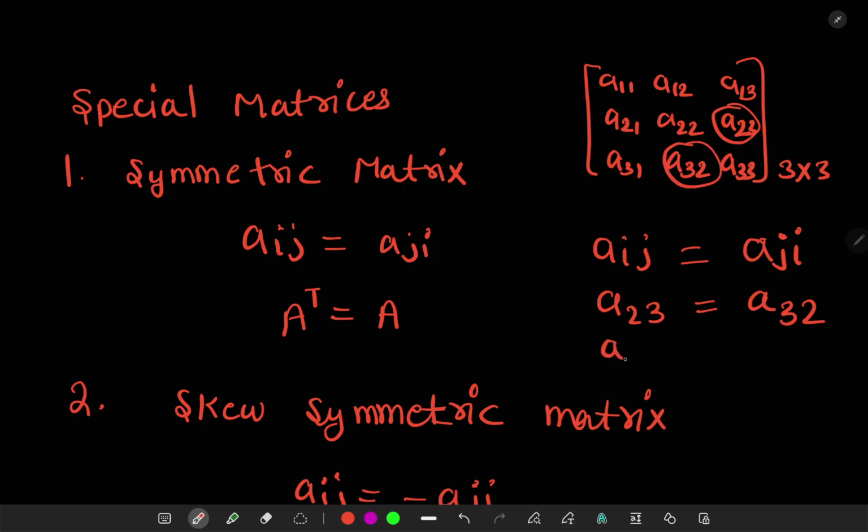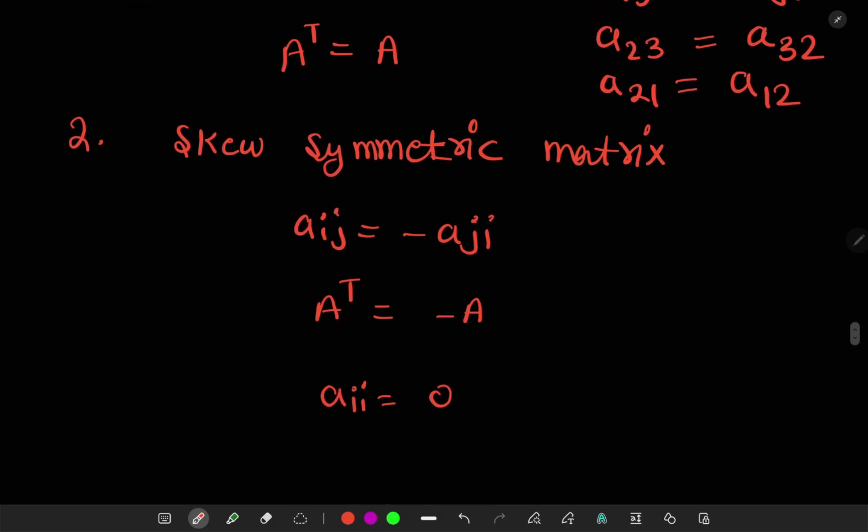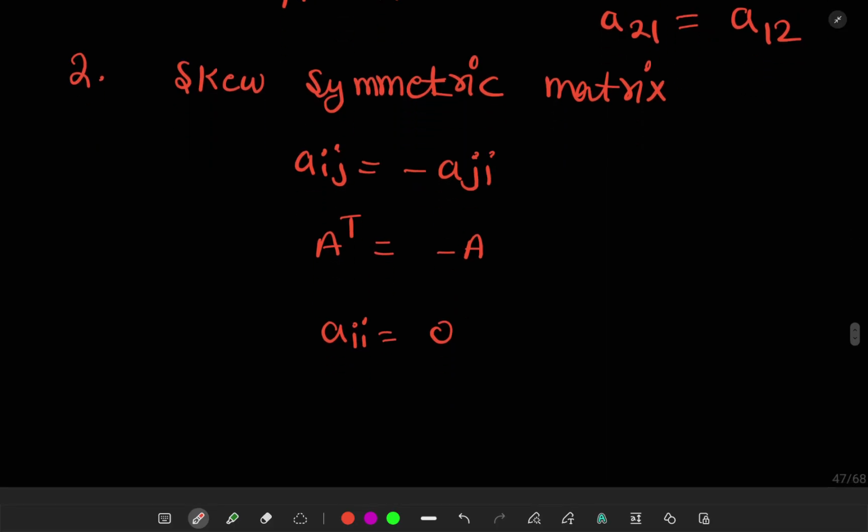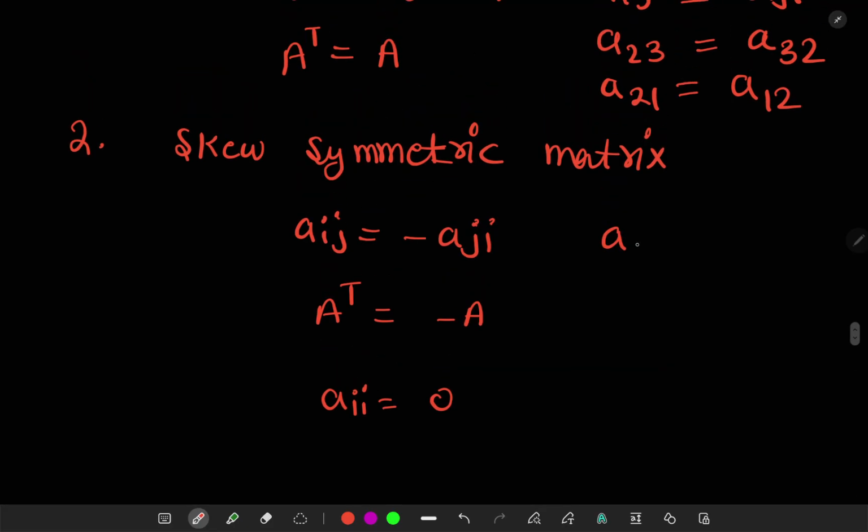Similarly, A21 is equal to A12. Here i does not equal j. For skew symmetric matrix, the elements, for example A23, is equal to minus A32.